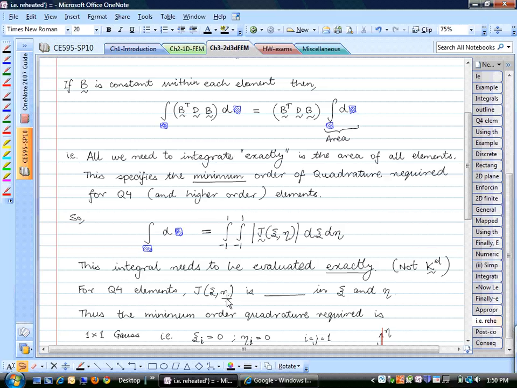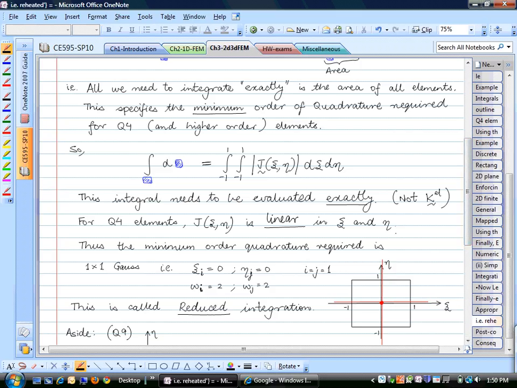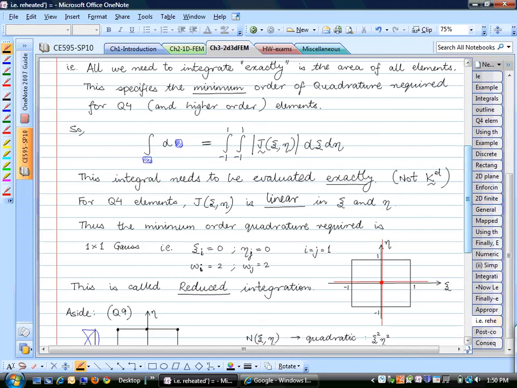J is linear in Xi and eta, right? For Q4 elements, since J is linear in Xi and eta, therefore what order integration would I have to at least use? 1, right?